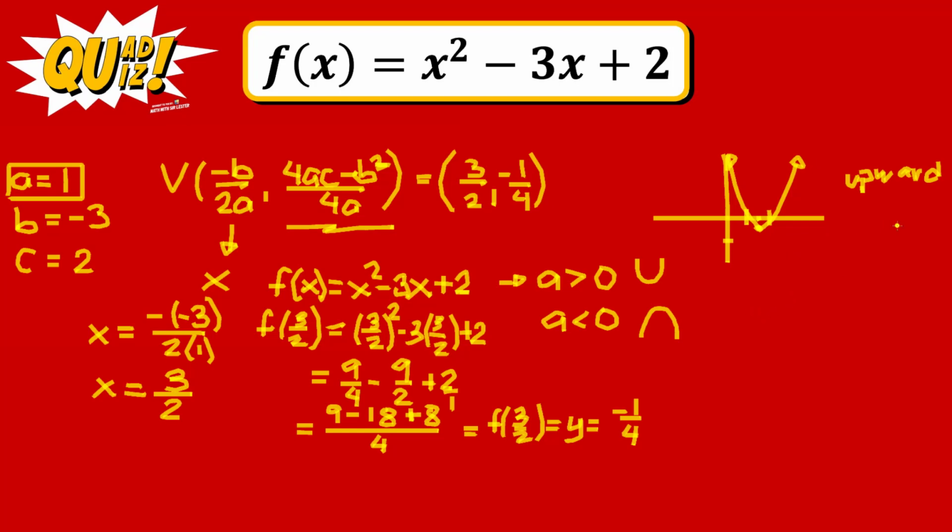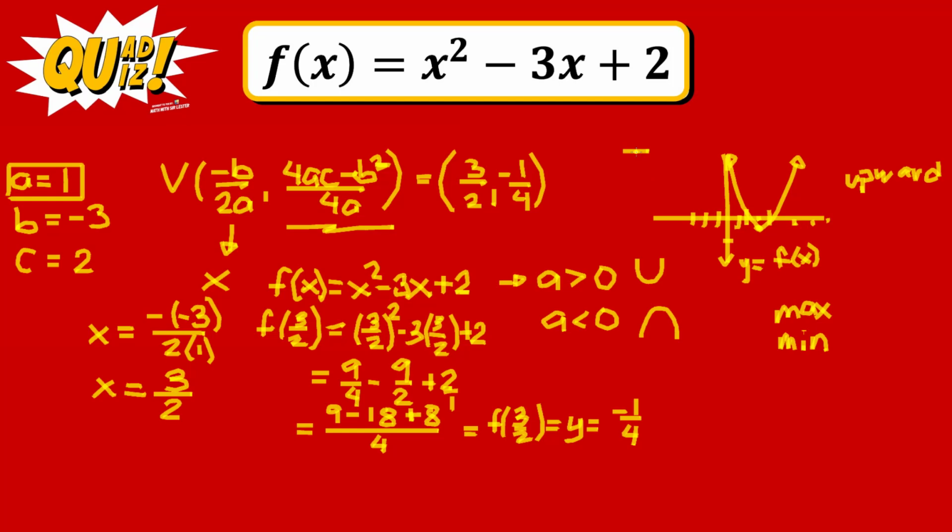With this, since we already identified that it opens upward and we have this vertex here, we can now determine the maximum and the minimum value of our function. The maximum and the minimum value are patterns on the values of your y or your f of x. Meaning, look at the graph, analyze the graph, consider the vertical movement of your graph, and whether it is still extending further if you extend more values of x here.